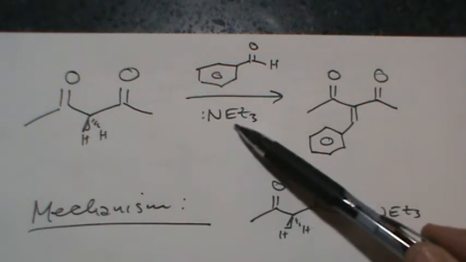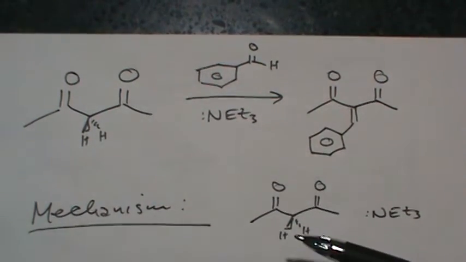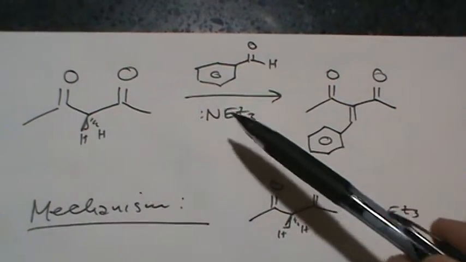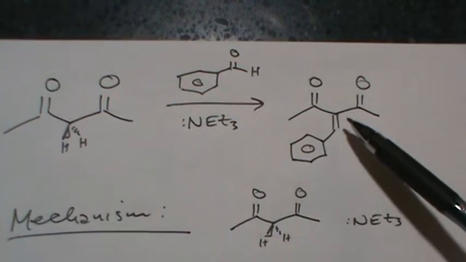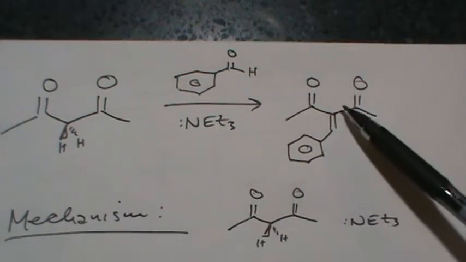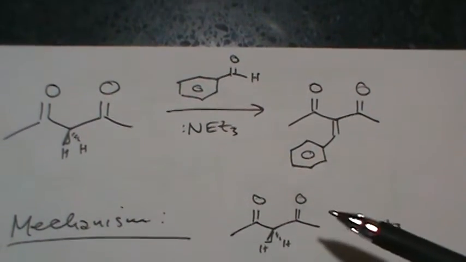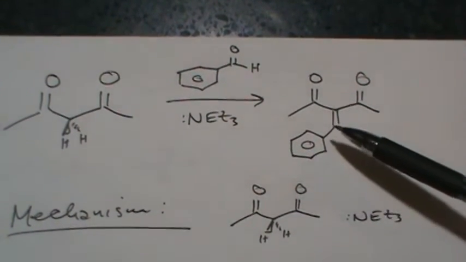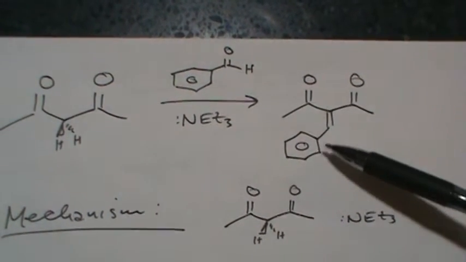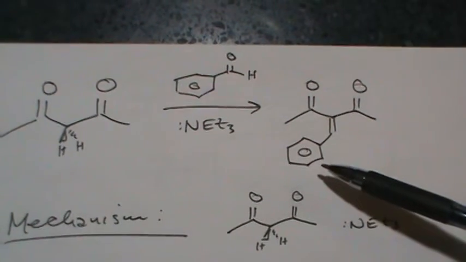We can get away with a relatively weak base in this case because these protons are acidic enough to be deprotonated by an amine. The reaction product is going to be the corresponding alpha-beta unsaturated carbonyl system. So there's not going to be an isolable aldol product here. These reactions will go all the way to the alpha-beta unsaturated carbonyl.